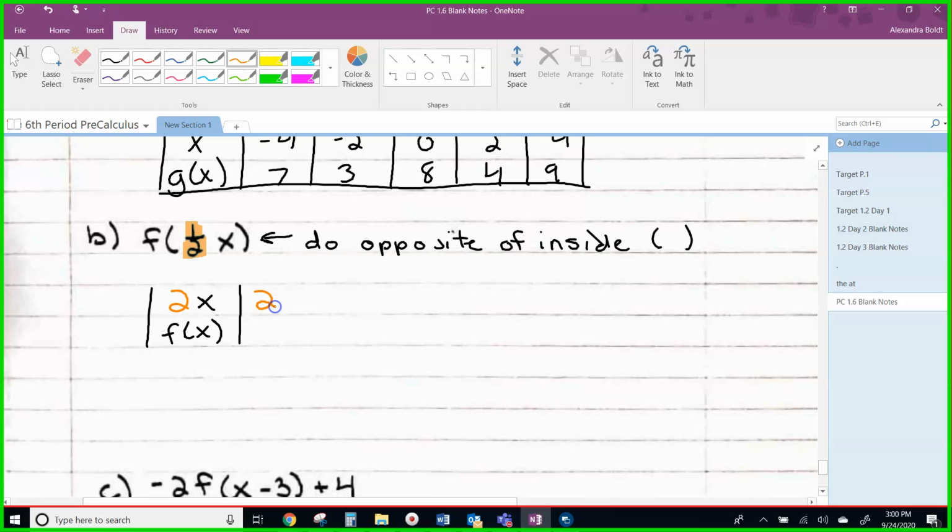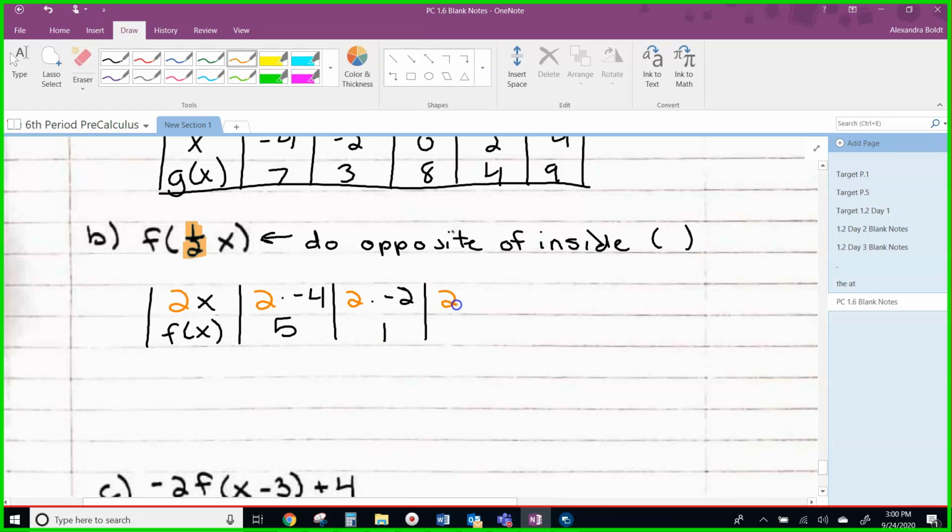I'm going to do 2 times, my first x value was -4. And then my y value stays exactly the same. And I'm going to do 2 times -2. My y value stays the same.